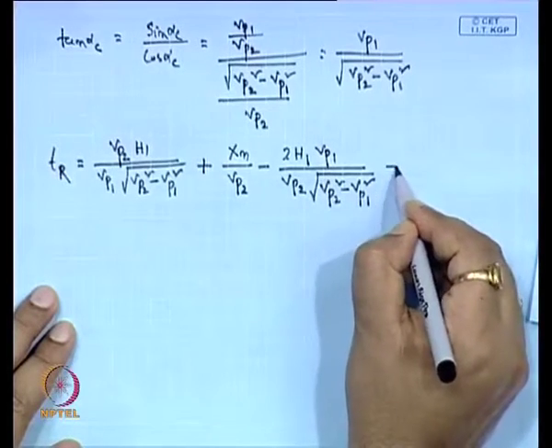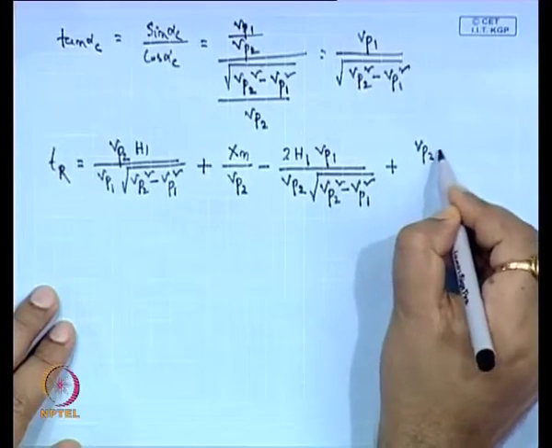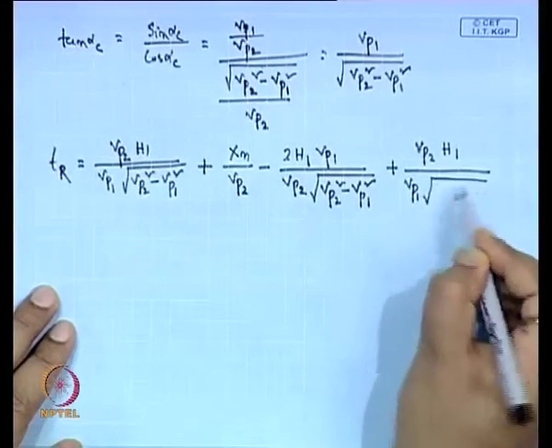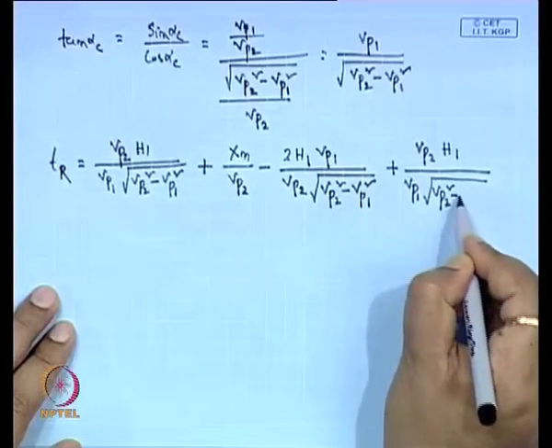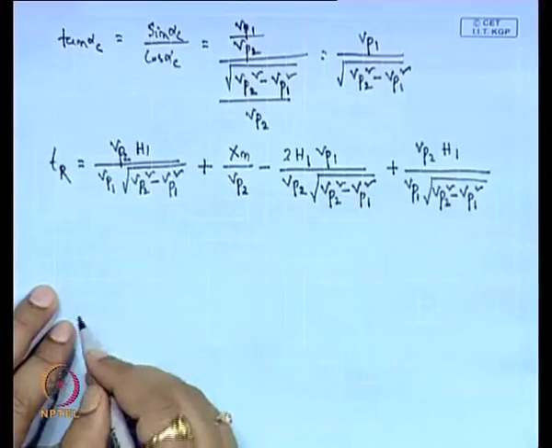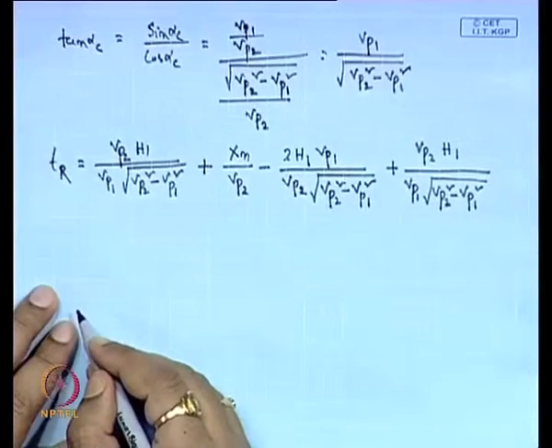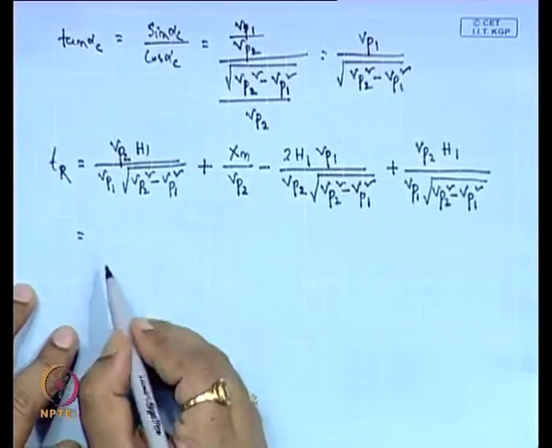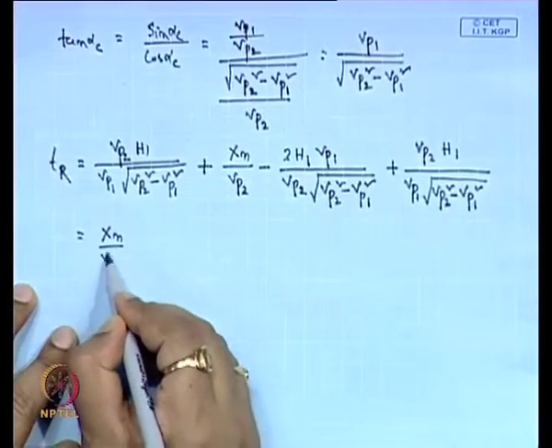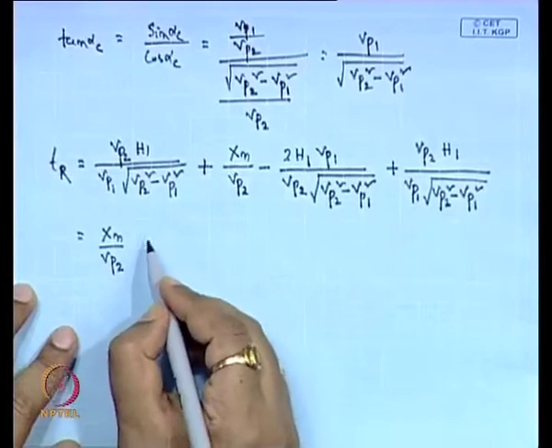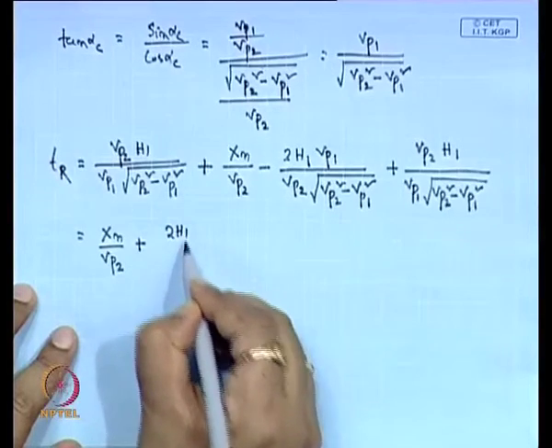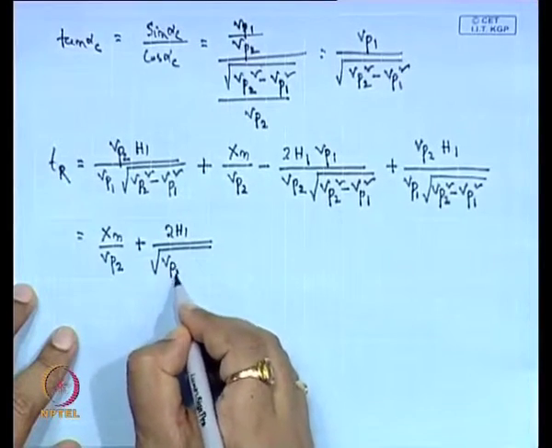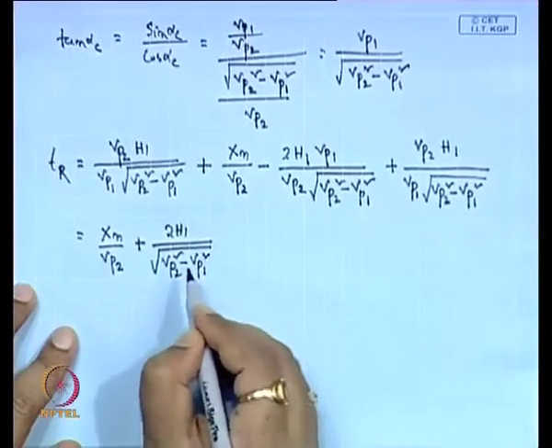Then the next part, again this V p 2 into H 1 divided by V p 1 root over V p 2 square minus V p 1 square. So, now if we simplify this expression, we will get x n divided by V p 2 plus 2 H 1 divided by V p 2 square minus V p 1 square.